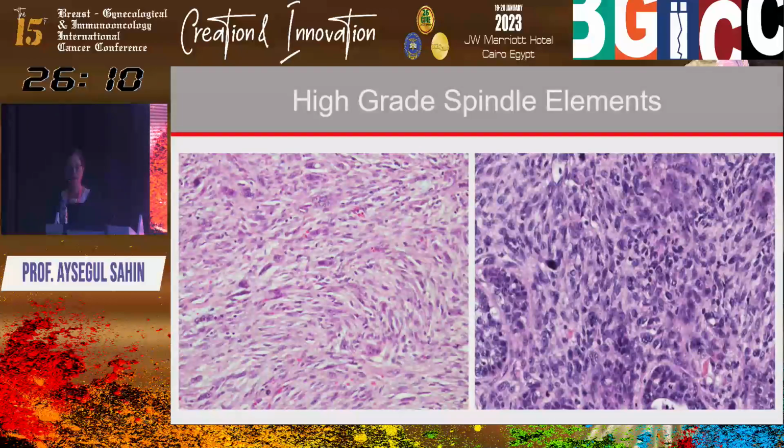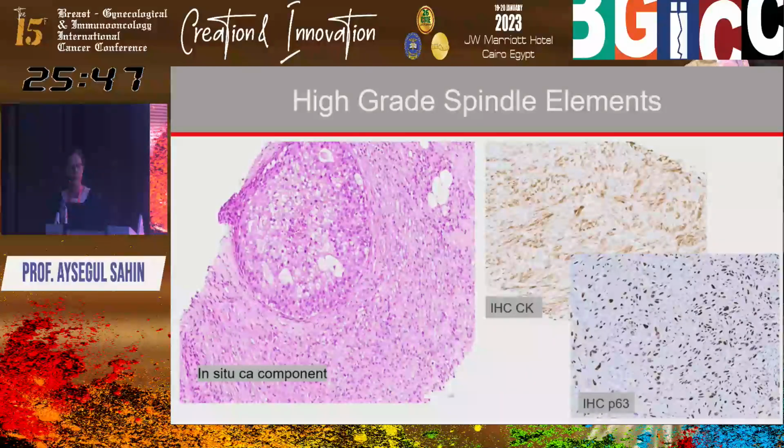And the best bet is if we can see areas of epithelial clusters like this. I don't see the arrow here. So if you can identify the epithelial elements that is on the corner of this slide, then it's a good clue.